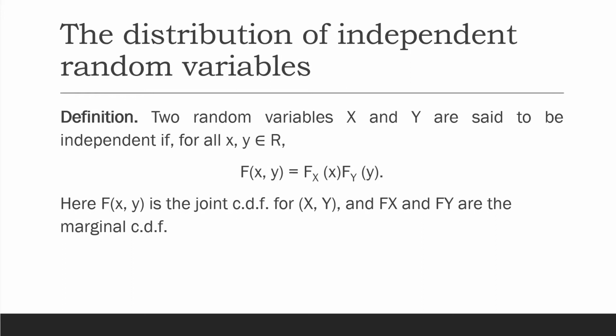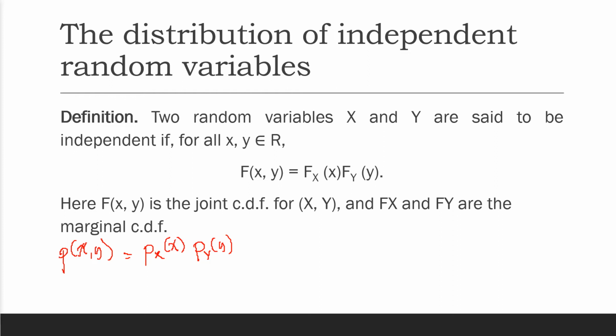So we have the probability p of x, y equal to the probability of the point x in relation to set X times the probability of the point y in relation to set Y. Similarly, for independent continuous random variables, the joint density can be represented as the product of the marginal densities.